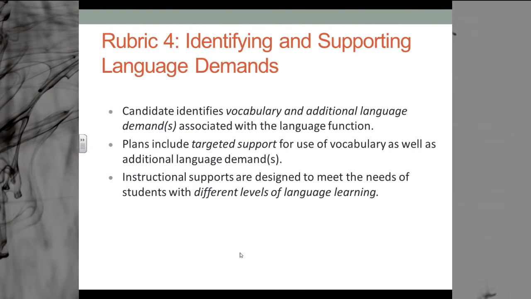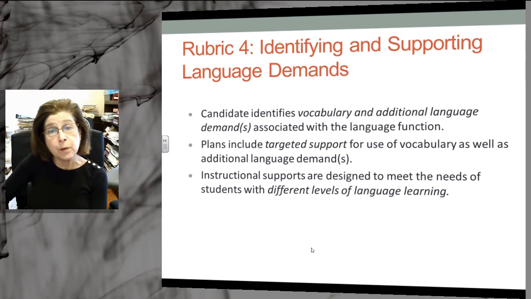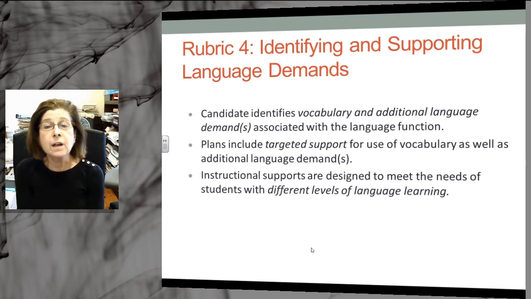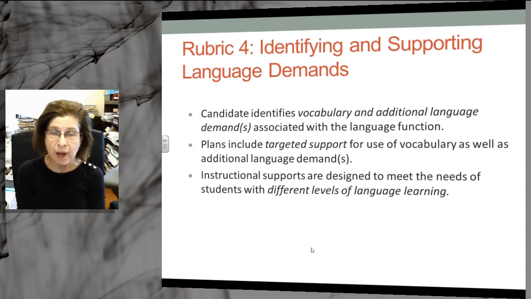Next, we go to the fourth rubric, and this one is focused on language. Here they're going to be looking for identification of the vocabulary and additional language demands associated with the language function. And remember, the reason it says vocabulary and additional language demands is that most teachers focus solely on vocabulary, and that is not what's expected.